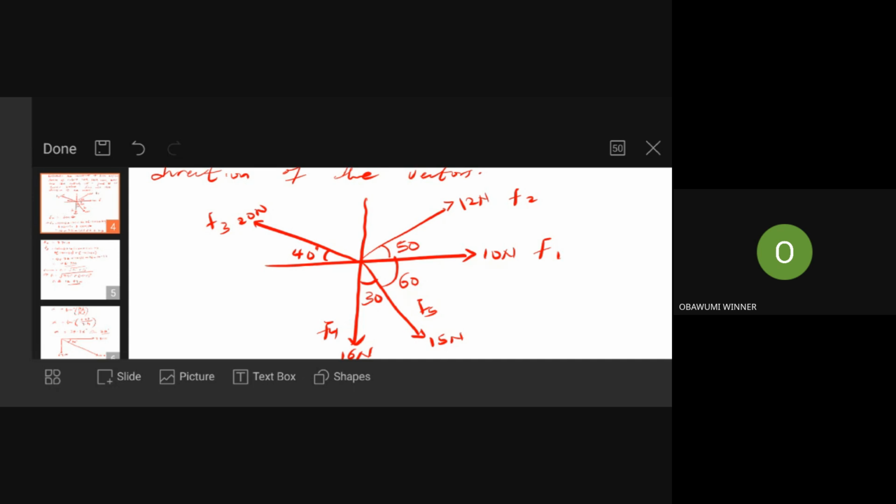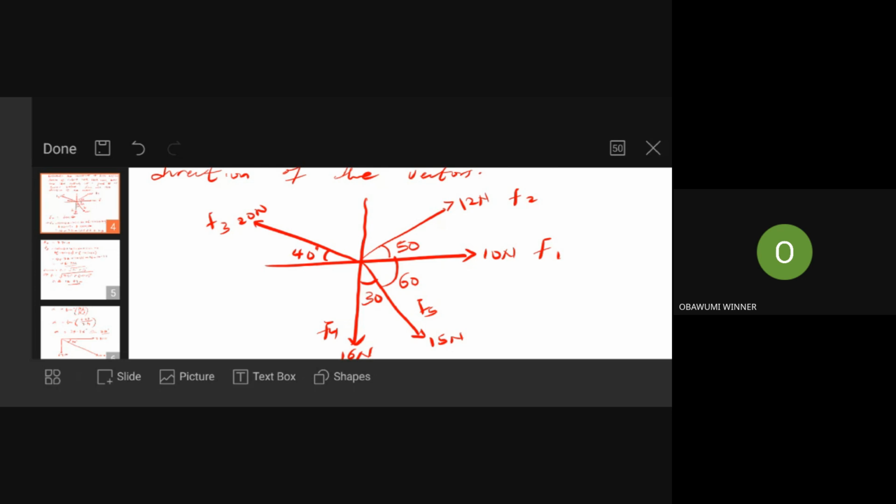For the F1, do you mean why I didn't put F 50 degrees for the F1? If that's your question, it is because 50 degrees is not inclined with F1. 50 degrees is actually inclined with F2.